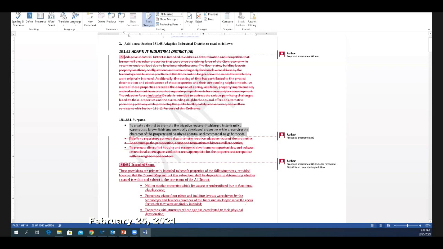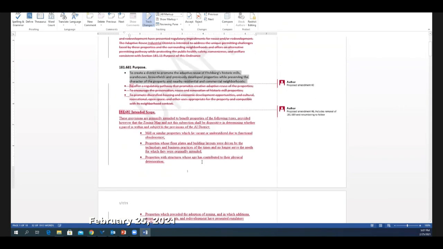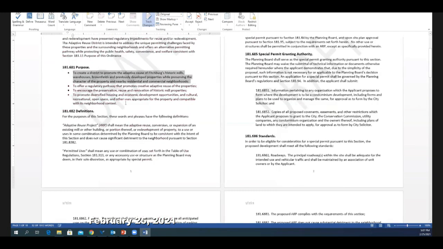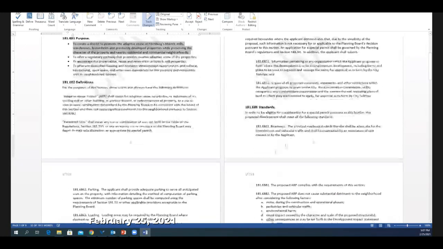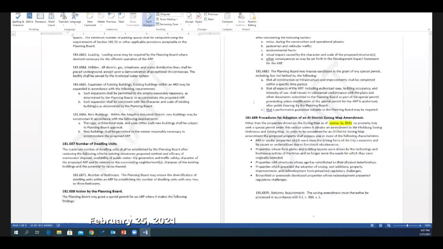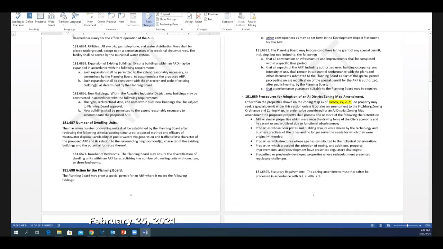Great. So the next section is actually another proposed amendment. If we look at the original, it goes from purpose right into definitions, and then actually further down, we get this statement: procedures for adoption of a zoning district map amendment.